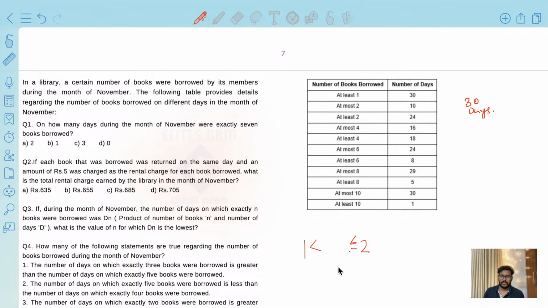Right. At least one is minimum one. Right. At most is maximum two. So in this, how many books? At least 30 days and at most.